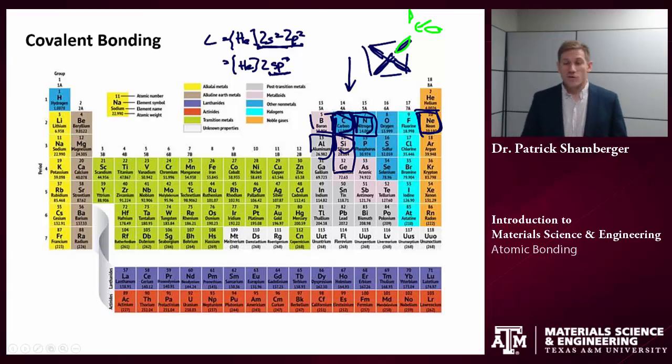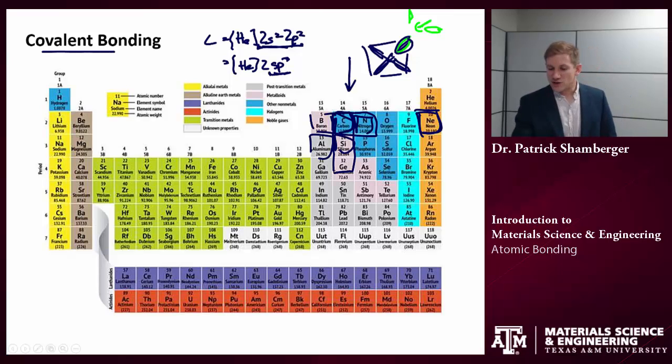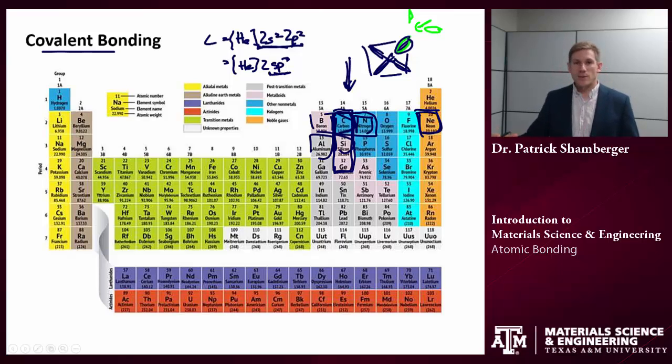So in a covalent bond, I have a very localized, very directional bond. These electrons, because they're localized, are not free to move around, but it's a very strong bond. And again, the prototypical covalent solids are clustered around column 4. That's just because these are the cases where, by sharing neighboring orbitals, I'm able to come up with full closed shells in all the cases.